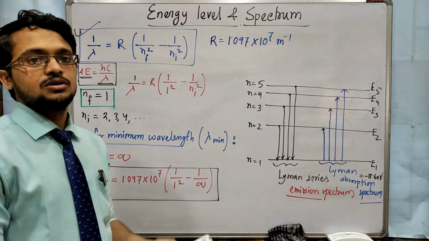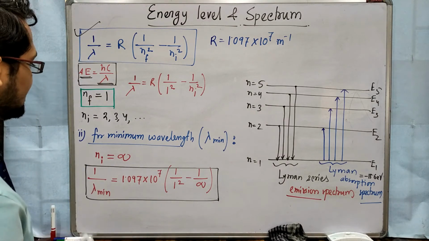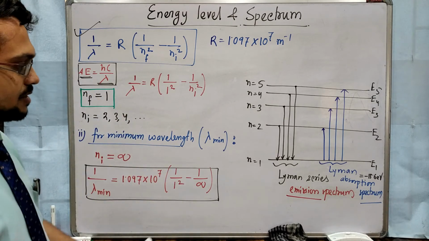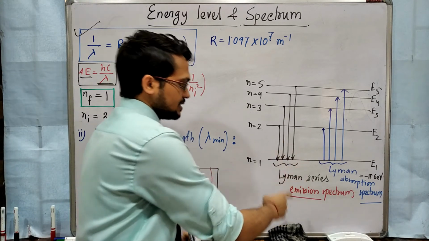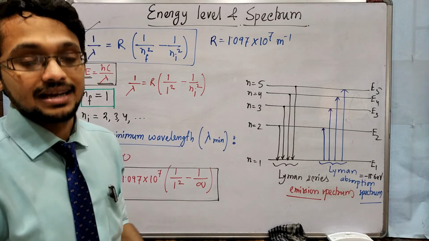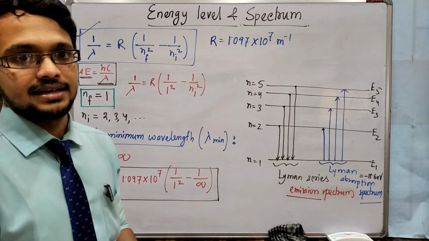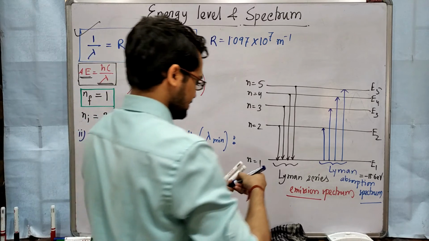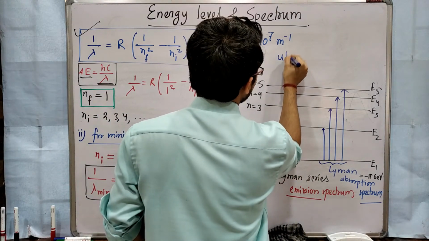Next, come to Balmer series, but first I am telling about the Lyman spectrum. All the wavelengths in the Lyman spectrum will lie in the ultraviolet radiation region. Remember this point.